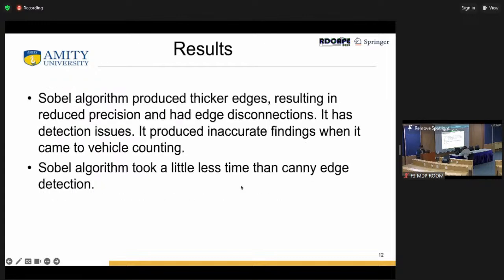And about the Sobel algorithm, it provides thicker edges because it works on the gradients. So it provides thicker edges, resulting in reduced precision and edge disconnections. It has detection issues also, and it produced inaccurate findings. The Sobel algorithm took less time as compared to Canny.